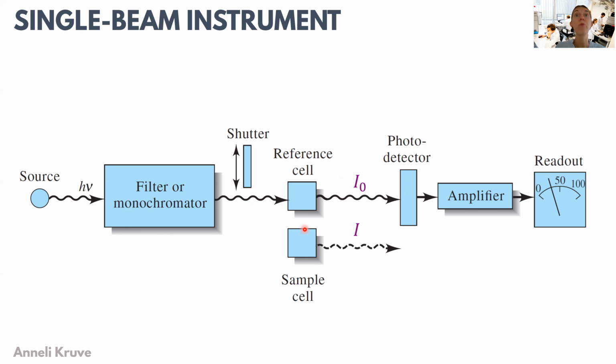And then we switch. We put the sample cell, so the cuvette that is carrying our sample, to the optical path, and then we measure the I. Otherwise, all the other things stay the same. And we, of course, can have an amplifier in the computer that does the calculations.